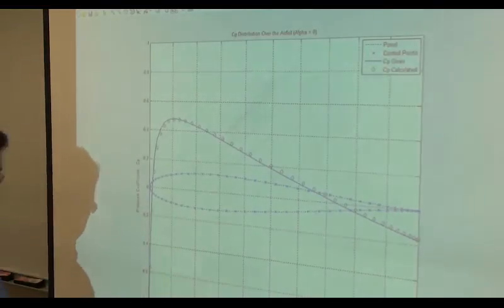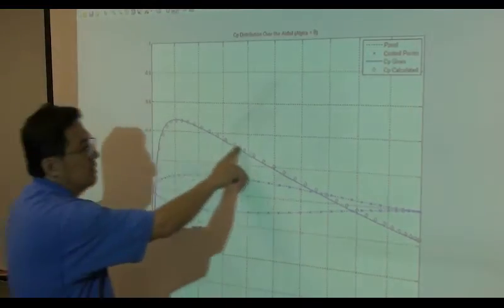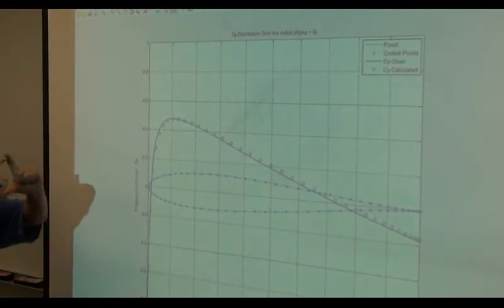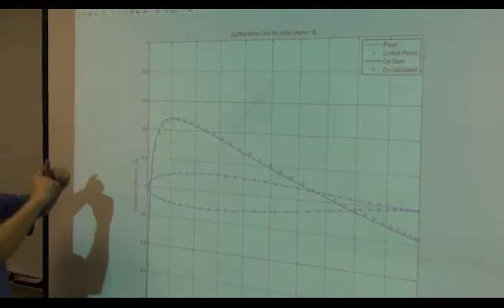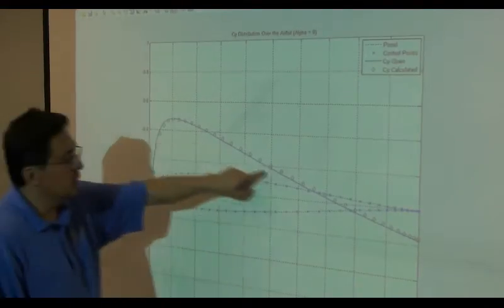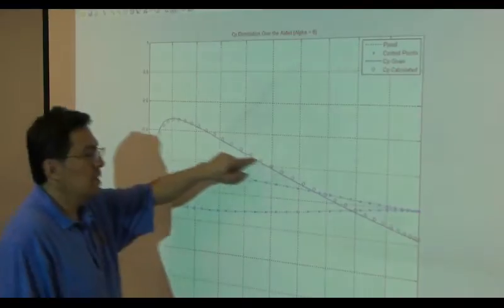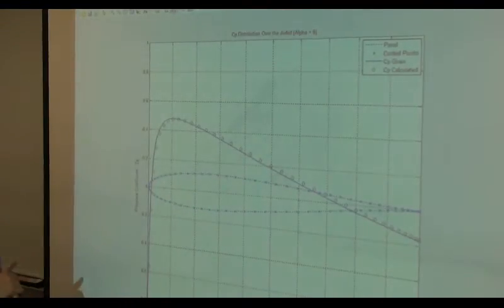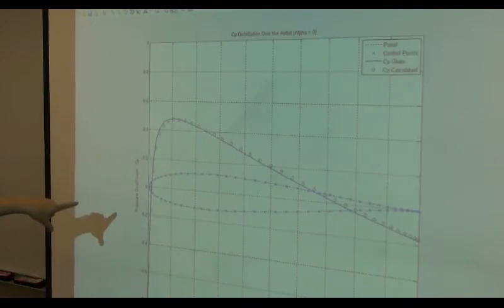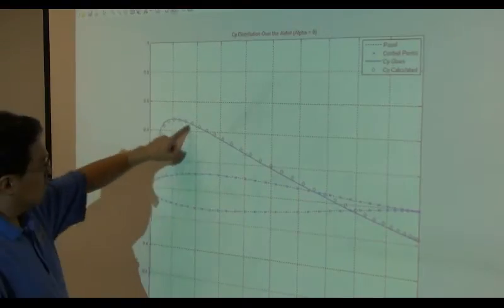This blue line represents the theoretical value, which is given from the original circular cross-section transformed into this shape. So this blue line is a theoretical computation of the CP distribution. This is zero angle of attack, and as you take a look at it, it seems to be fairly good.